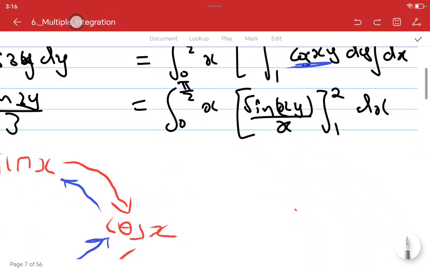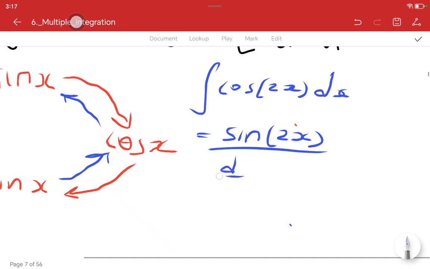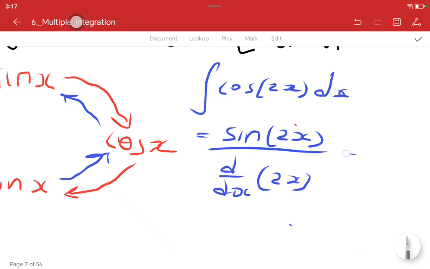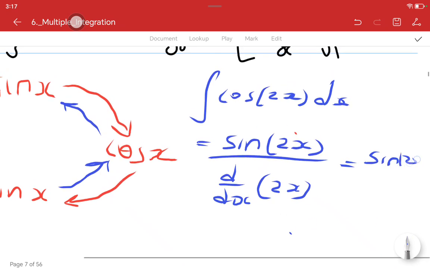When you integrate cos of 2x, what you get is sine of 2x over the derivative of 2x, which is 2, so sine of 2x over 2.